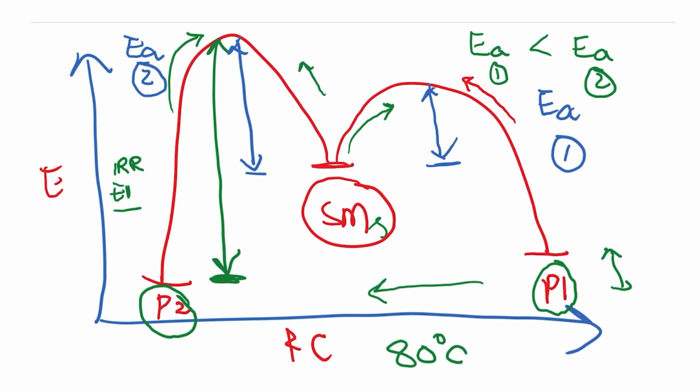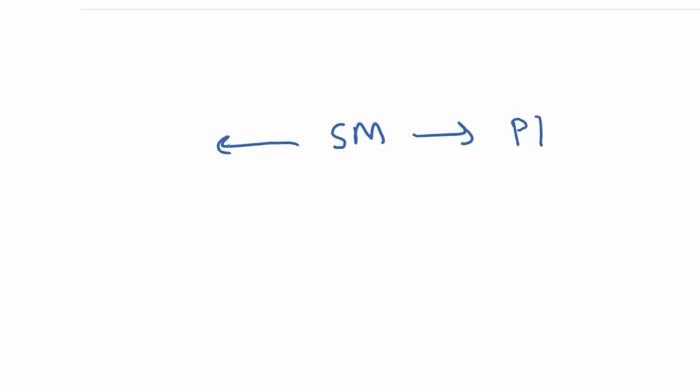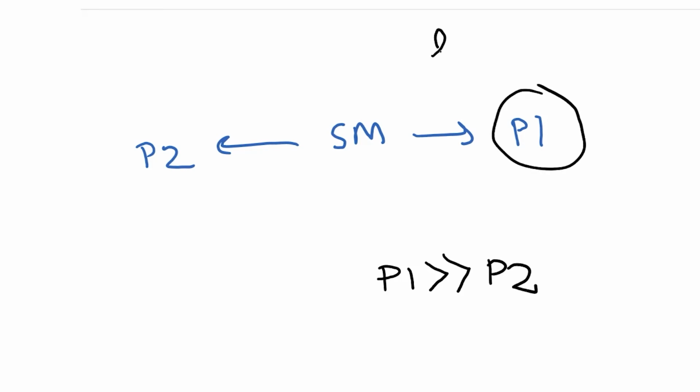Now, I'm going to use some terminology here to put this in perspective. Okay. When you have a starting material giving you P1 and a starting material giving you P2, and let's say the formation of P1 is much faster than the formation of P2, these types of products are called kinetic products.